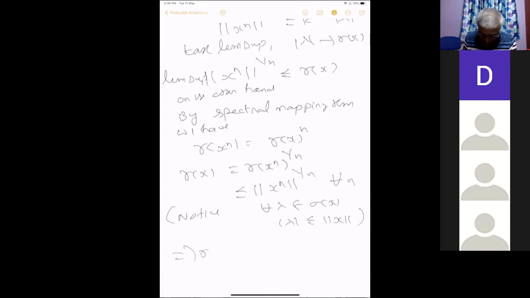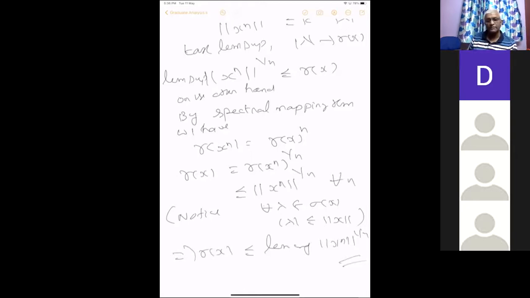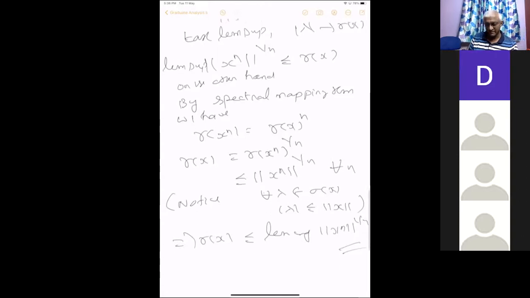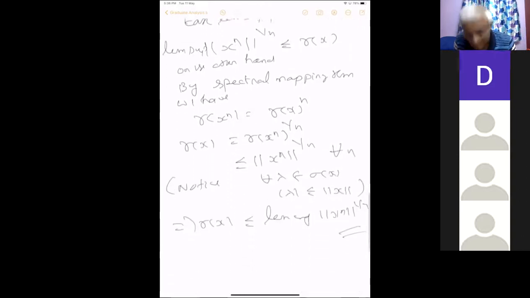So this implies R(x) is less than or equal to lim inf (norm x^n)^(1/n). So R(x) is smaller than the lim inf, which is smaller than the lim sup, so they are all equal and the limit exists. So this is what we want to do. I hope this is fine.